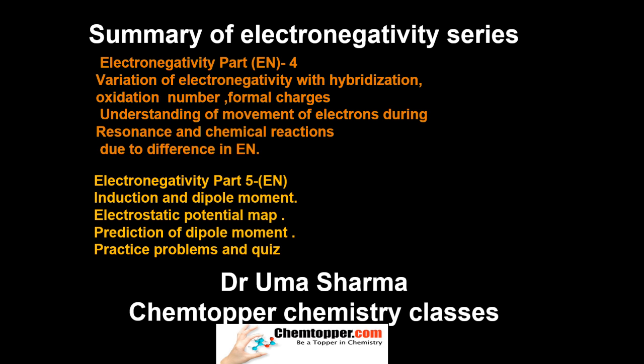Part 4 deals with variation of electronegativity with hybridization, oxidation number and formal charges. Part 5 basically helps us understand induction and bond dipoles and how the difference in electronegativity can be used to understand resonance and chemical reactions.